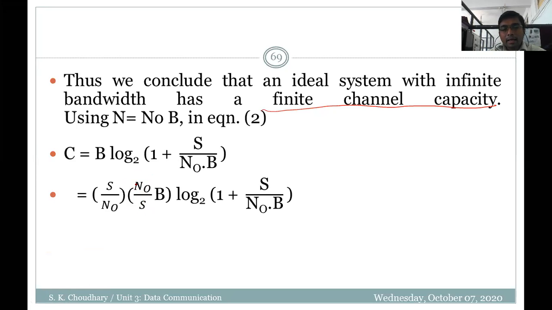So you can see N naught upon S into B becomes one parameter. I will come to it later on.